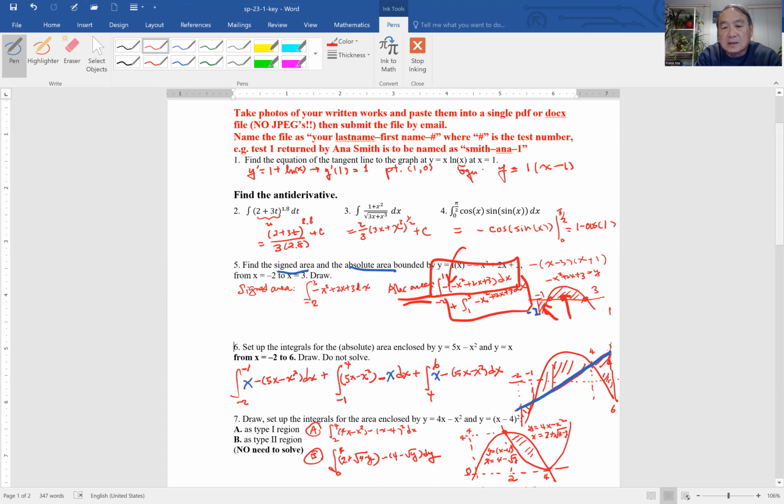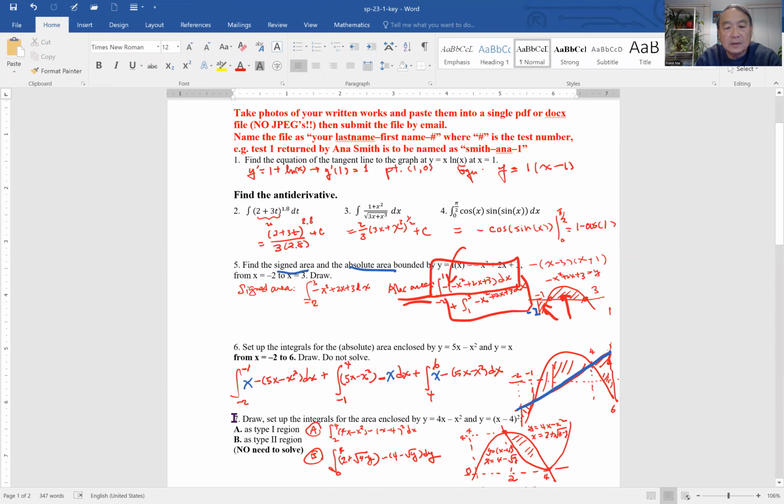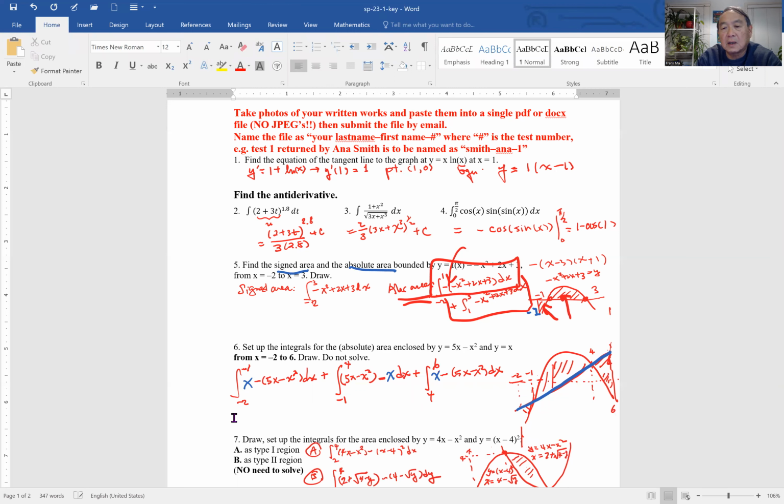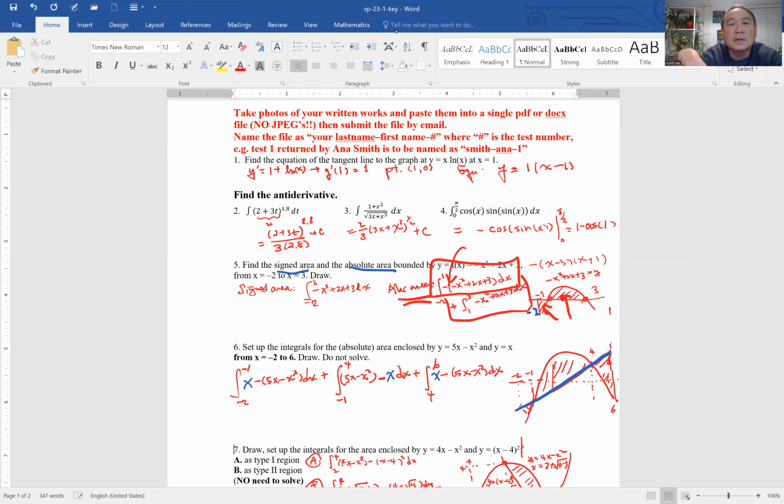For number 6, here's the pictures. And so if I want to write out the integral for the absolute area for number 6, it comes in 3 pieces. Let me get a pen out here.